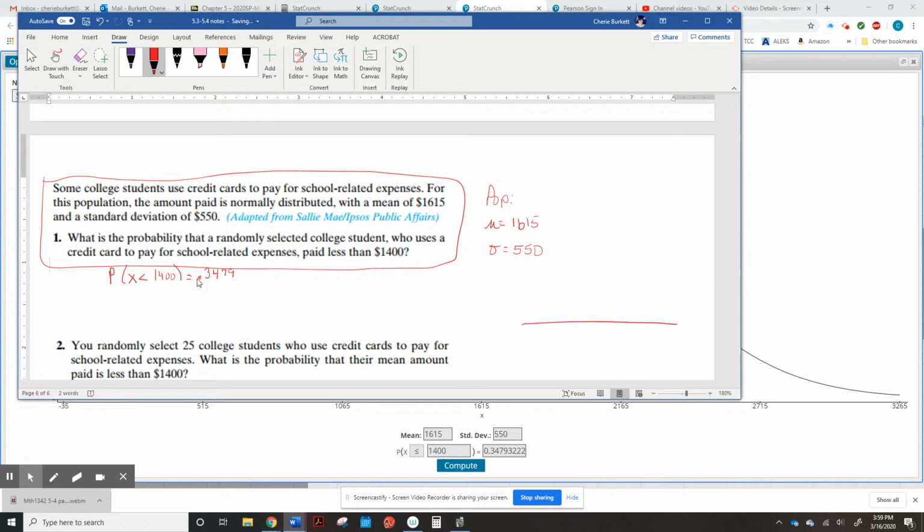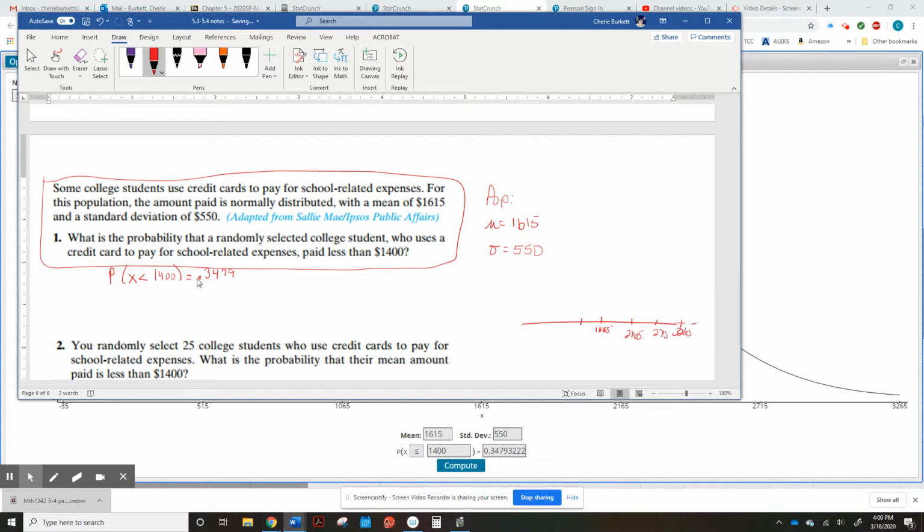And of course, for this picture, you do 1615, 2165, 2715, and 3265.